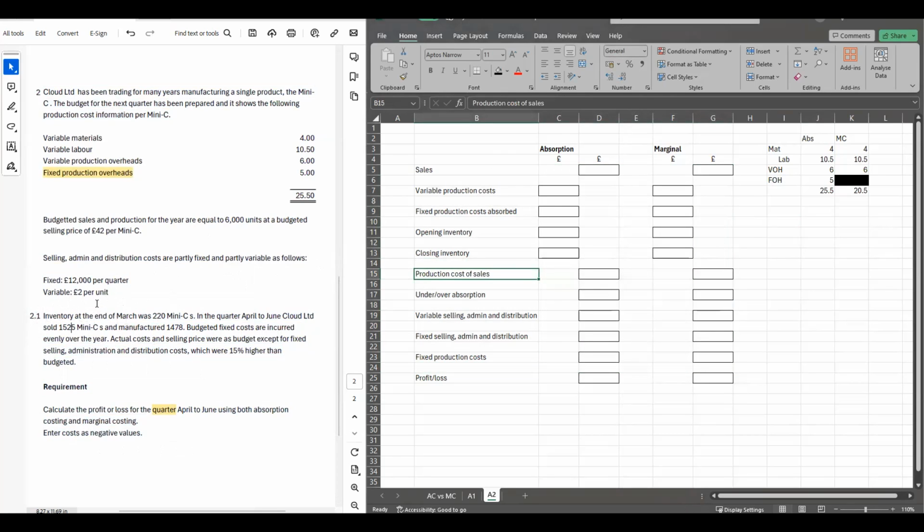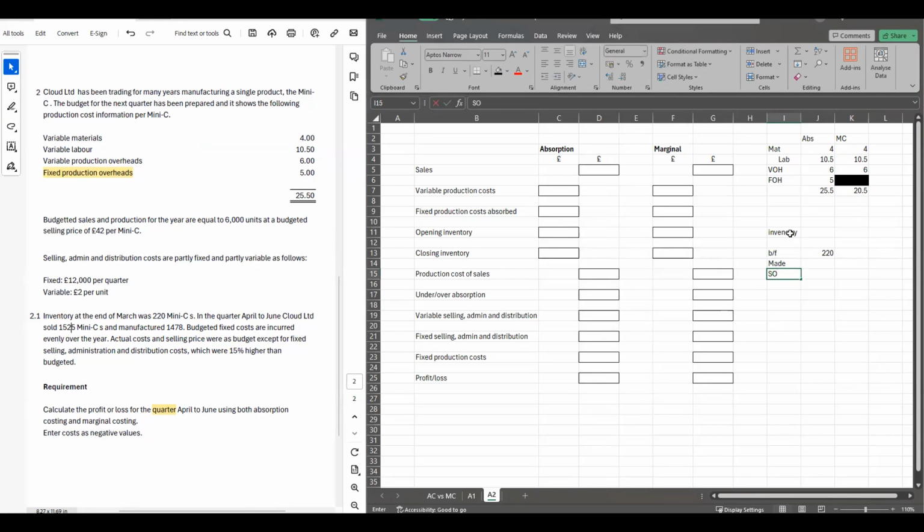So this one tells us that inventory at the end of March was 220. So again, in terms of our inventory working, we've got our brought forward inventory, which is 220. And then it goes on to tell us in the quarter, April to June, Cloud Limited sold 1,525 mini Cs, and we manufactured 1,478.